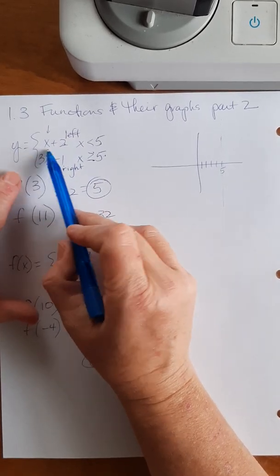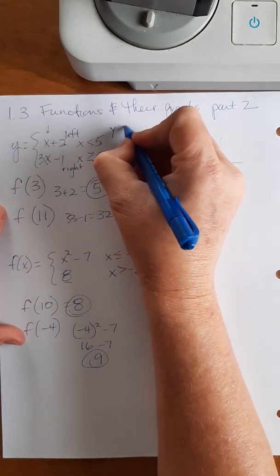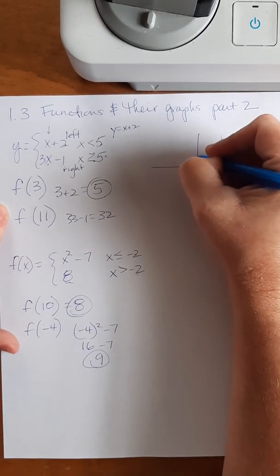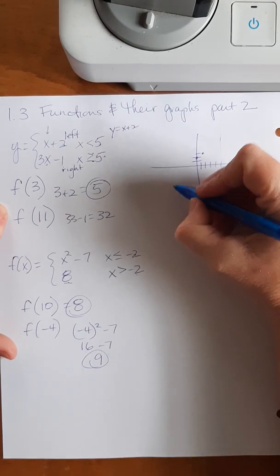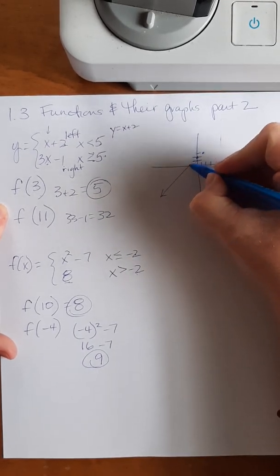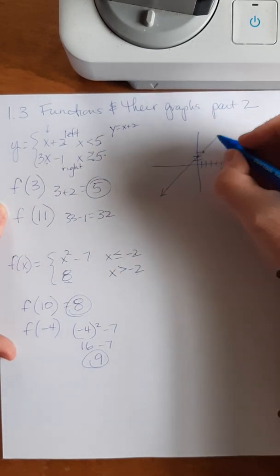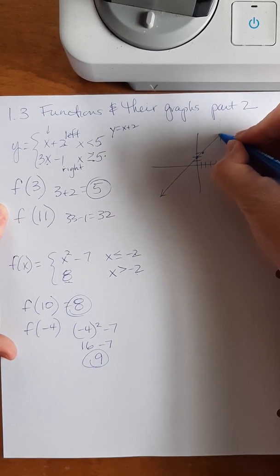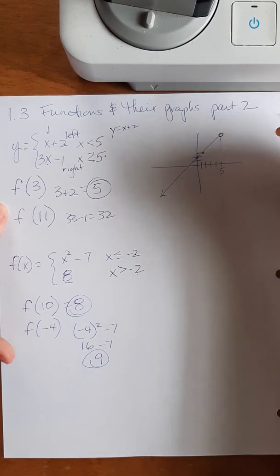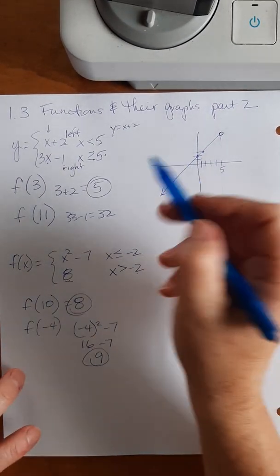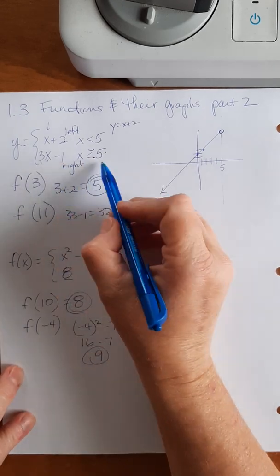So you graph the line y equals x plus 2, just like you did in Algebra 1. You go up 2, slope of 1, rise 1, run 1. You're going to do your line like normal, but hey, stop when you get to 5. It's no line underneath, so it's going to be open. Well, now we do the second half, 3x minus 1.